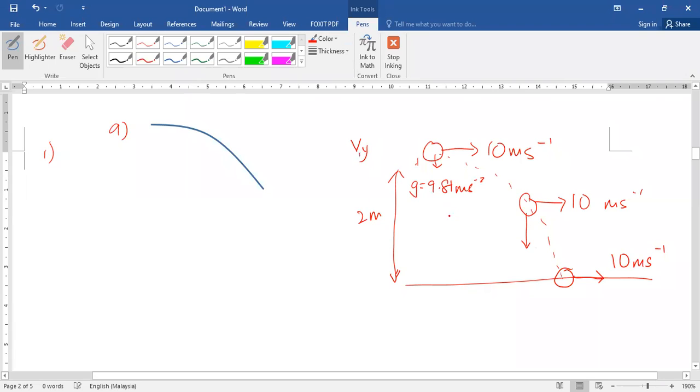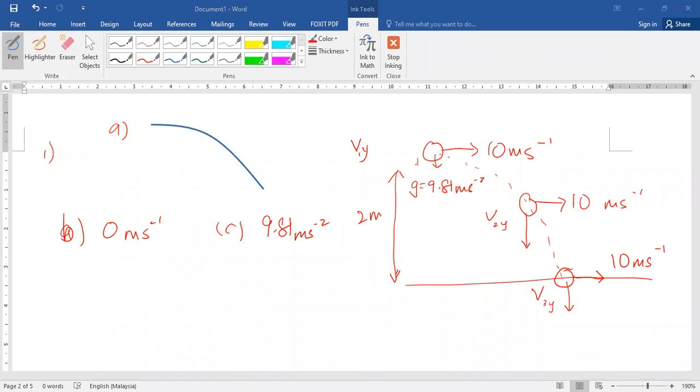V1y, V2y, and V3y, that means in the vertical part. V initially should be 0 m/s because when we throw out, the vertical component is 0. And the acceleration will be 9.81 m/s². Okay, we have solved questions B and C.